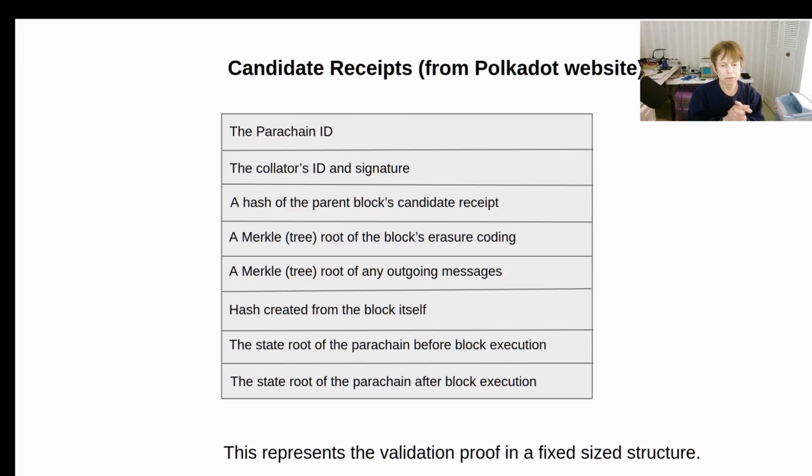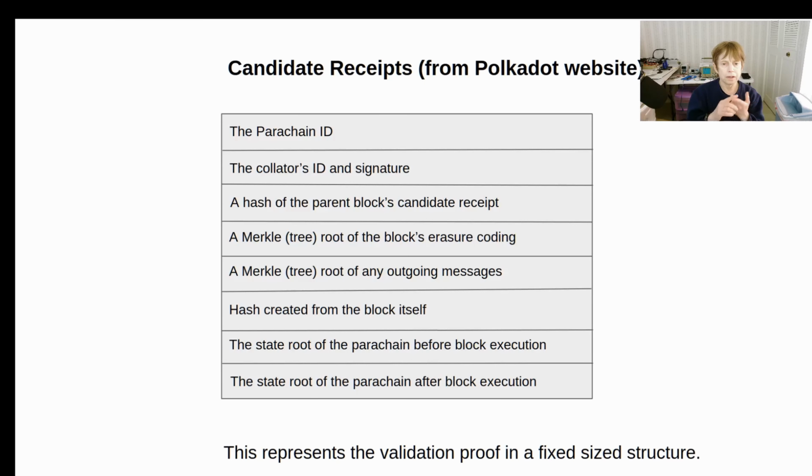Then there's a hash of the block, the state root of the parachain before block execution, and the state root of the parachain after block execution. And this represents a validation proof.